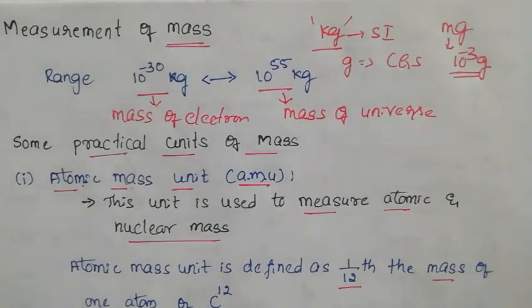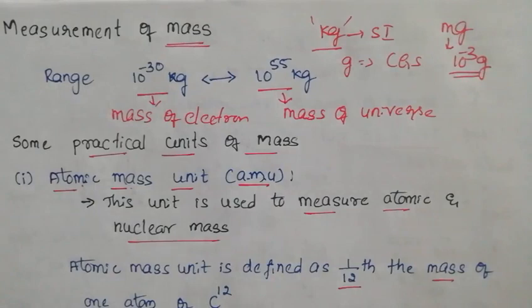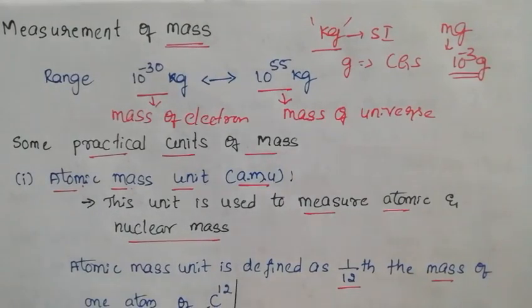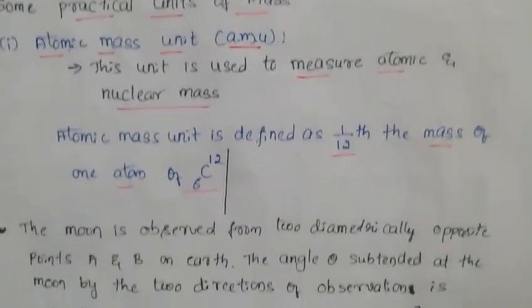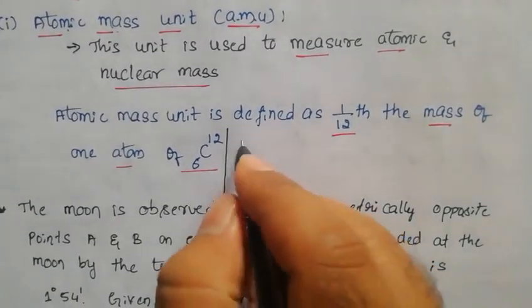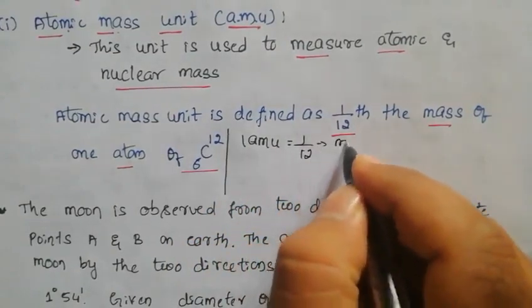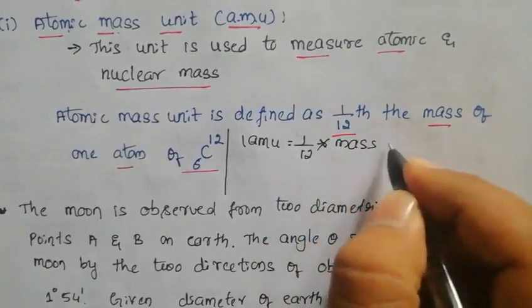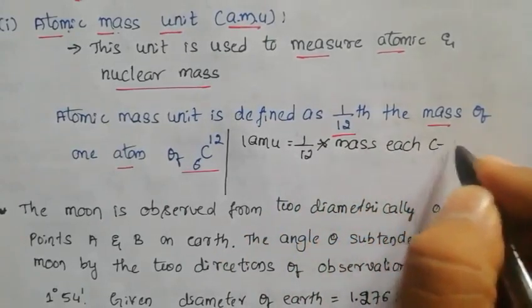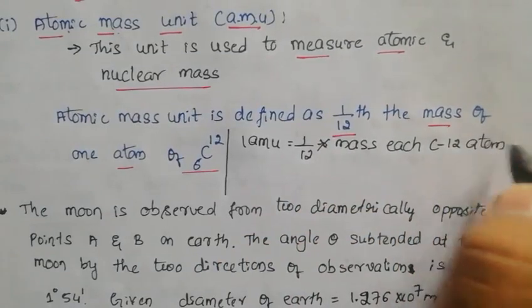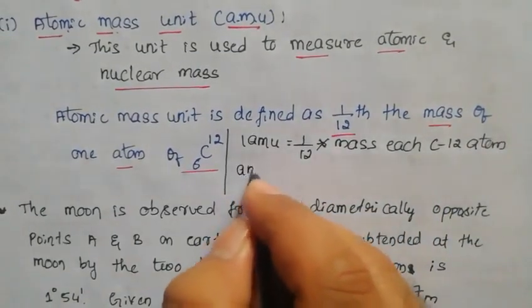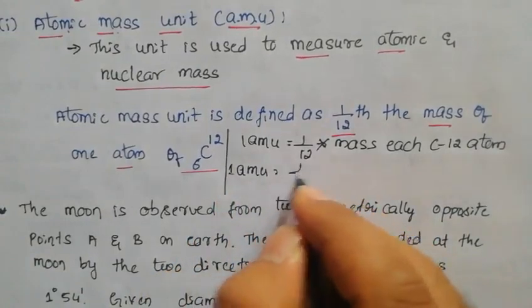Then we can write this, students: 1 AMU is equal to 1 by 12th of the mass of each C12 atom.